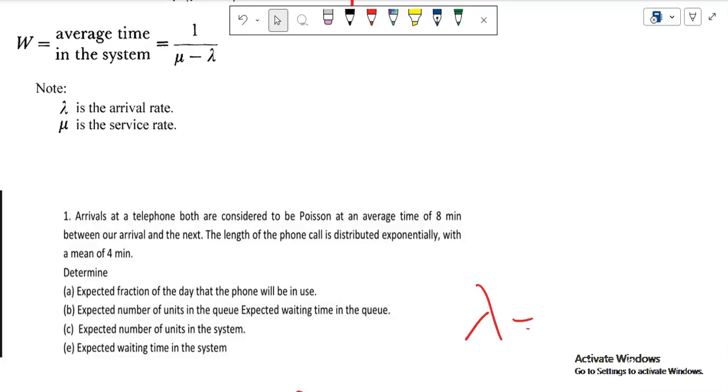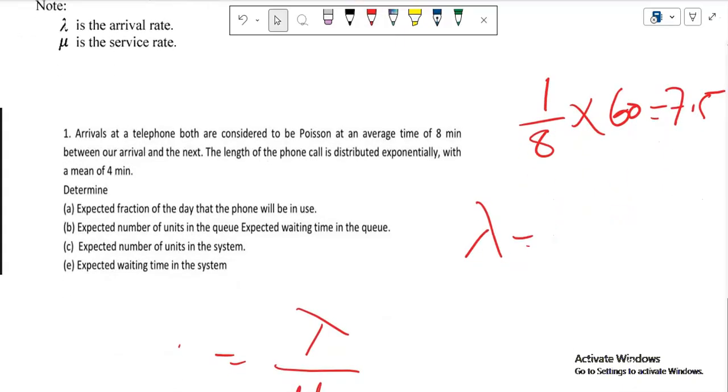If it takes one call in 8 minutes, how many will we have in 60 minutes? We know that 60 divided by 8 is 7.5. So our lambda is 7.5 per hour.